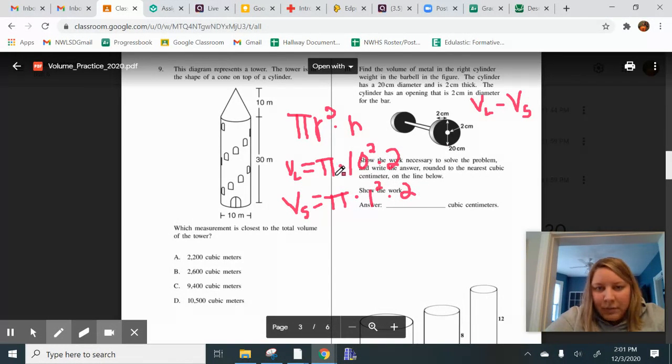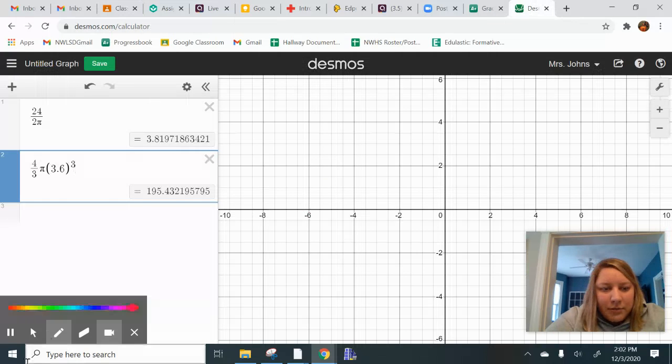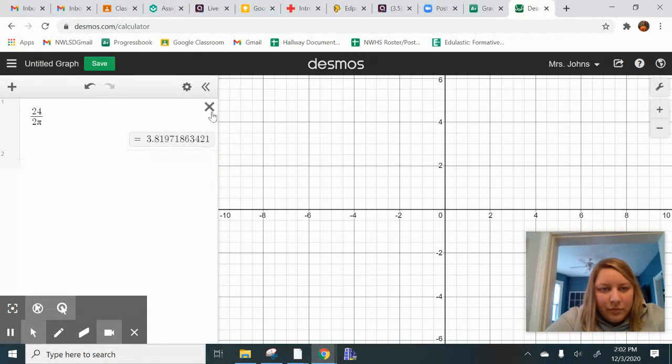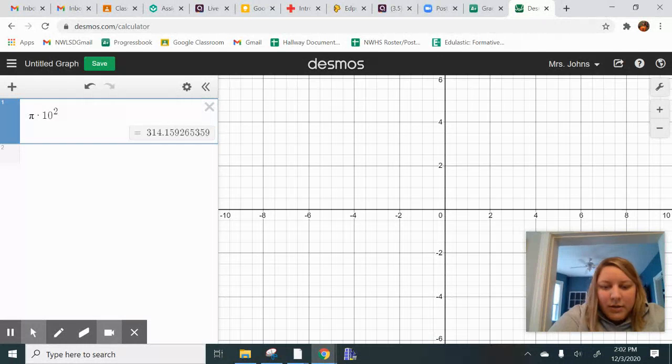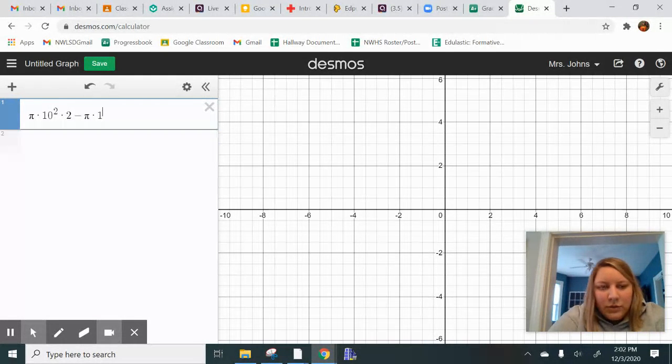Times 2. So I'm going to plug these both into Desmos, and then I'm going to subtract the larger minus the smaller. So here we'll have pi times 10 squared times 2. Then we'll subtract the smaller, pi times 1 squared times 2.